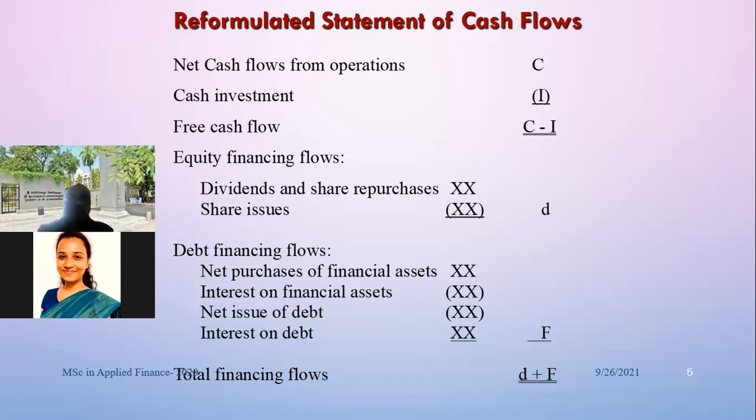From that you have to minus cash investment, that is the net cash flow from investing activities. Net cash flow from operating activities minus net cash flow from investing activities will tell you something available for financing purposes. That is what we call free cash flow.